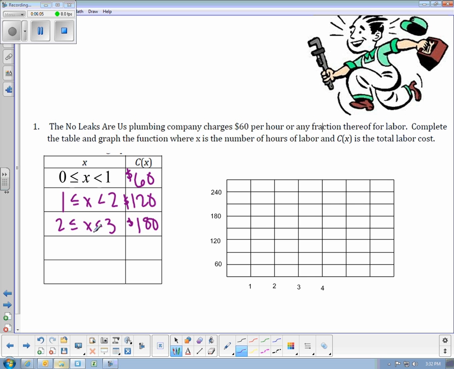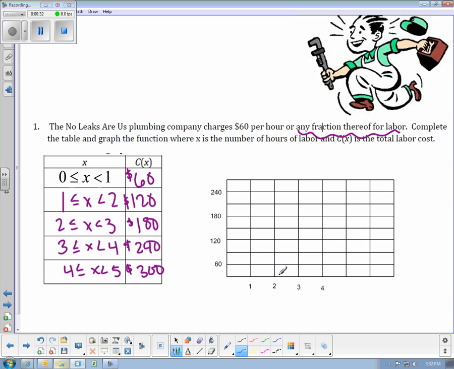So even if it's 2.5 hours and I didn't go all the way up to that third mark, they're still going to charge you $180 because it's any fraction thereof as well. Going 3 all the way up to 4, they're going to charge $240. And then 4 all the way up to 5 hours is going to be $300.